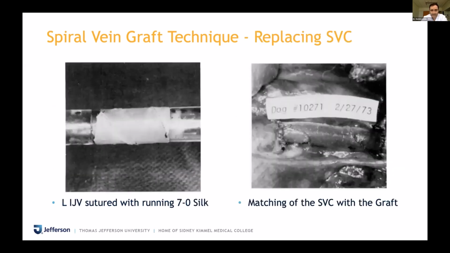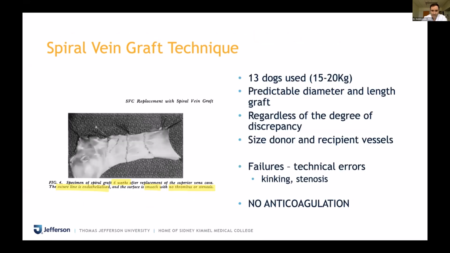And they did this study where they had 13 dogs, and they harvested the left internal jugular vein, and they sutured it in a running fashion using 7-0 silk over a glass rod. They were able to get the length and the diameter to match the SVC to replace it for this study and experiment. And they were able to obtain a predictable diameter and length graft, regardless of the degree of discrepancy between the size of the donor and the recipient vessel.